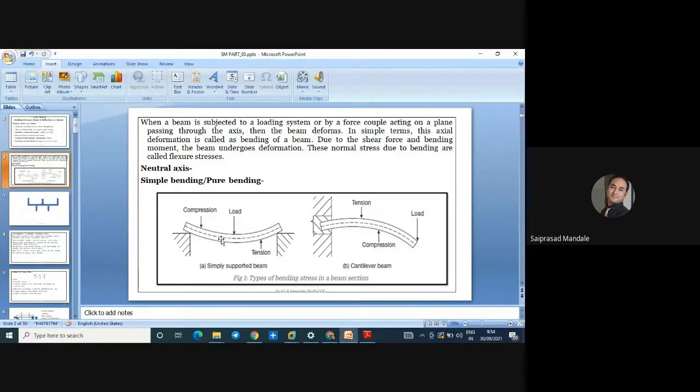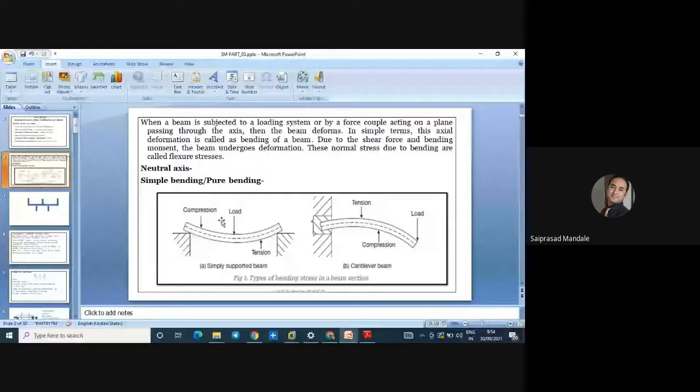I'm expecting a reply from you. Whenever the simply supported beam is subjected to loading, it bends, and its top layer is subjected to which type of force, tension or compression? The upper layer is subjected to which type of force system, tension or compression?